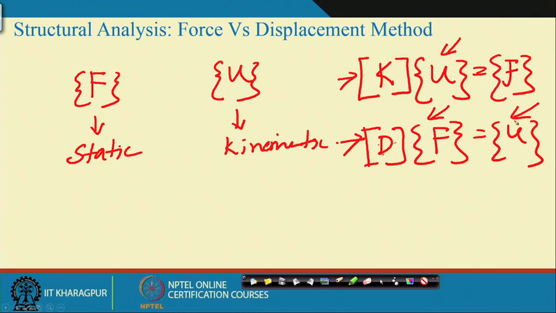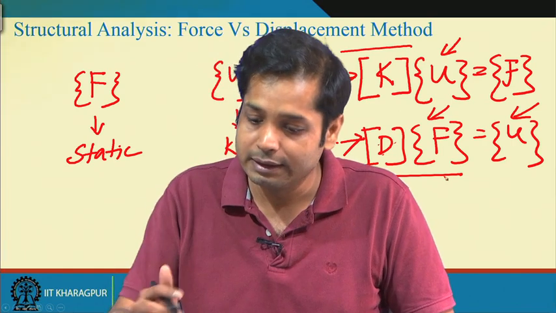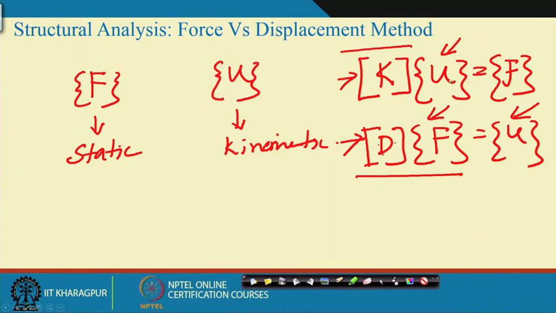So, how we frame the problem, whether we use this definition or this definition, both tell you a similar thing, but these definitions are different in the sense that your unknowns are different. In the first definition, your unknown is U, the kinematic variable, and in the second definition, your unknowns are forces. Depending on which we take as our primary unknown, we can frame the problem in two different ways. One is the force based method and one is displacement based method.